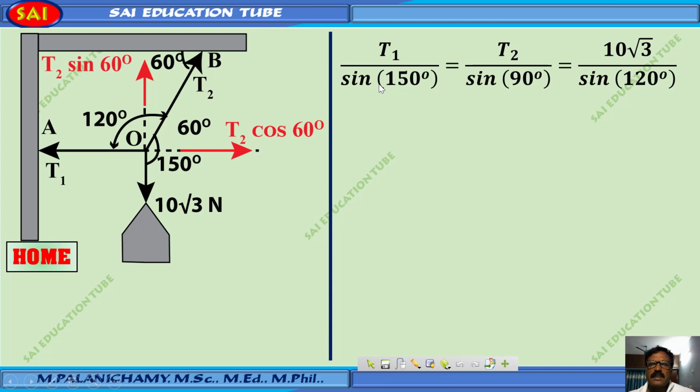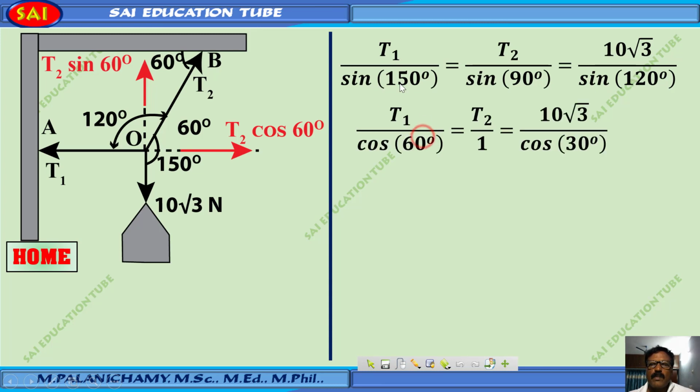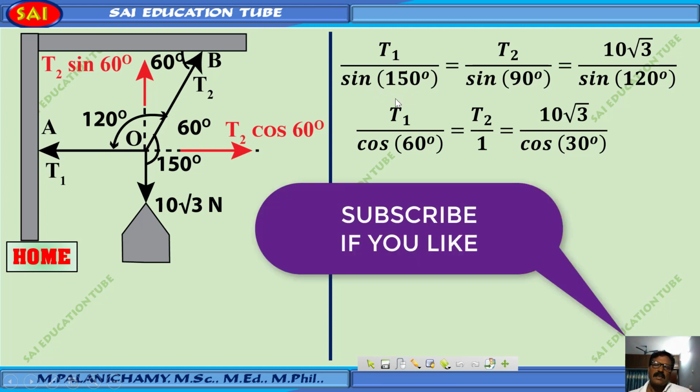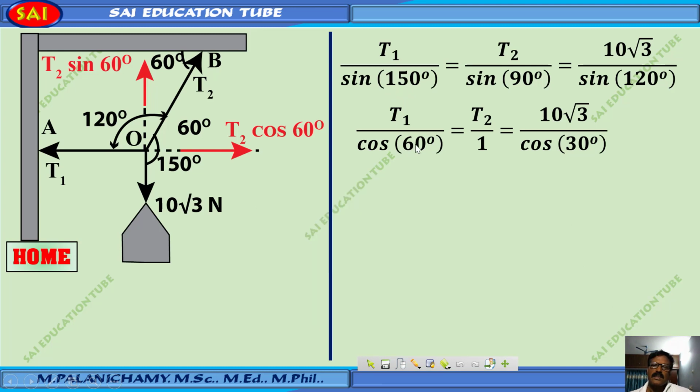We can convert this. Let's see how. T1 by sine 150, which is sine 90 plus theta, can be written as cos theta. Therefore, sine 90 plus 60 equals cos 60, and T2 by sine 90 equals T2 by 1.